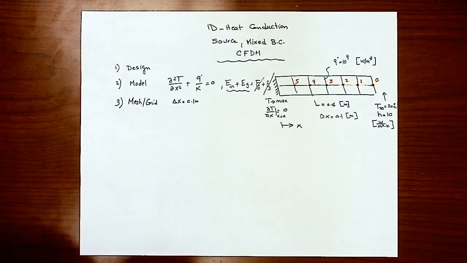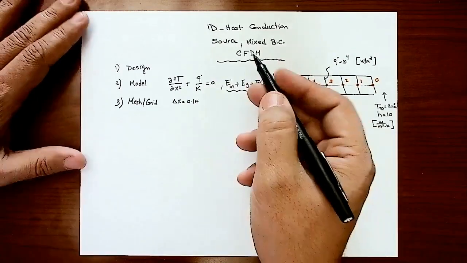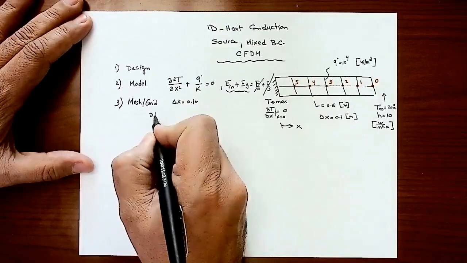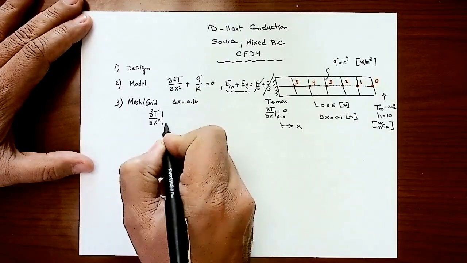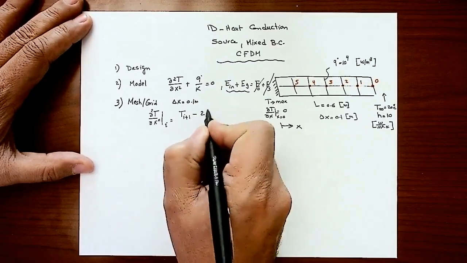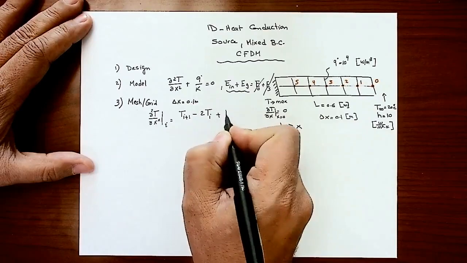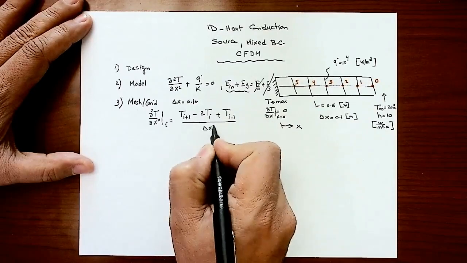Now, let's see the discretization here. So I will go with node number 5. Again, remember the central finite difference method: the second derivative of the temperature at node i can be expressed as Ti plus 1 minus 2 Ti plus Ti minus 1 divided by delta X squared, right?